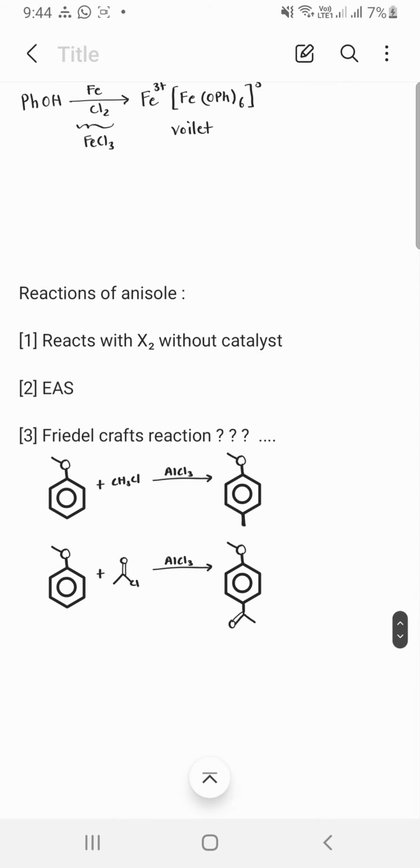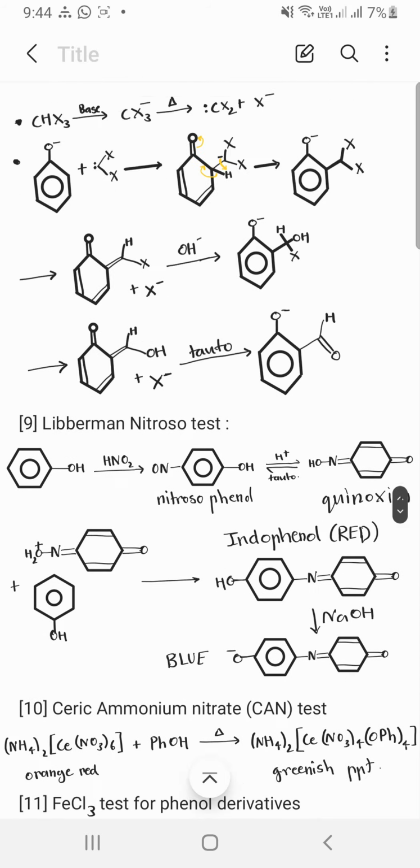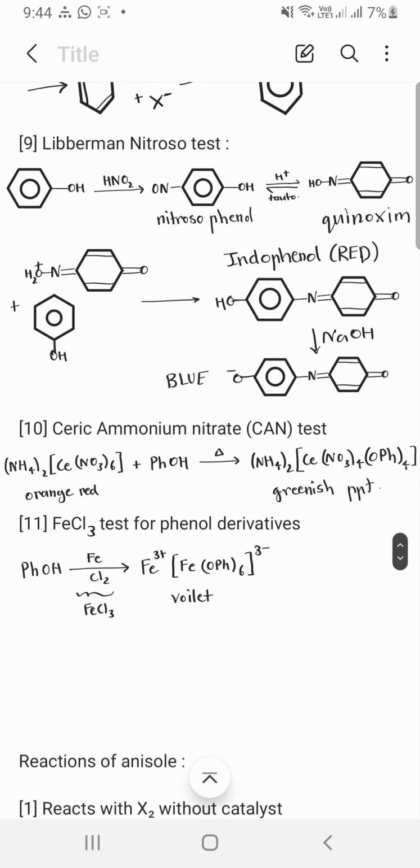Cool. So the main thing is the Liebermann nitroso test, that's something important. And you've got the ceric ammonium nitrate test and the FeCl3 test. FeCl3 test is the easiest to remember. It's just straight away phenol, or I should say phenolate, completely removing all the chlorines over there and forming this violet complex.